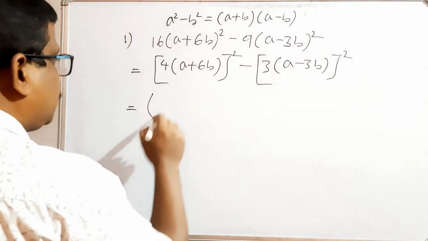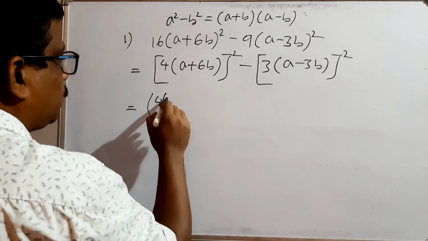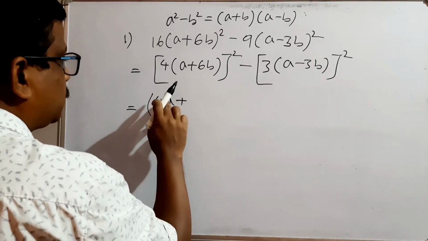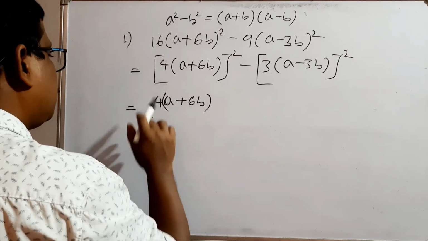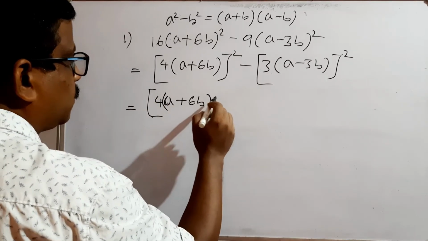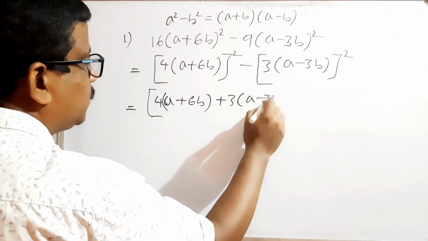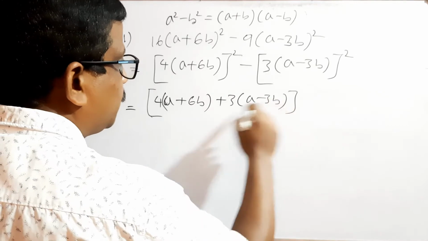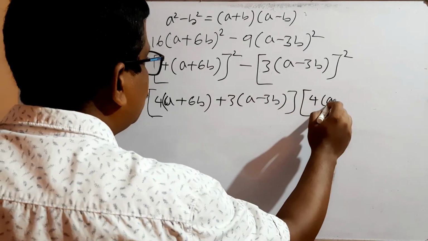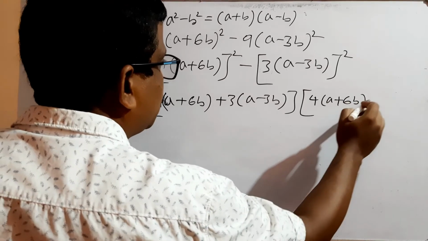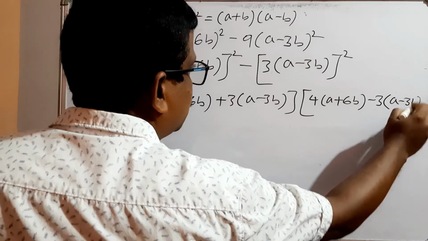So write it as a plus b, that means 4 into a plus 6b in a bracket, plus 3 into a minus 3b, then a minus b: 4 into a plus 6b minus 3 into a minus 3b.